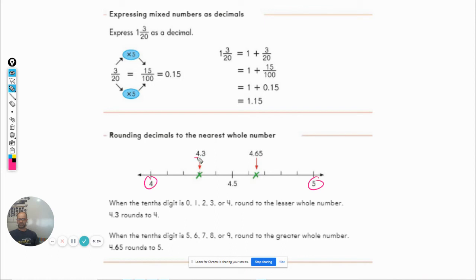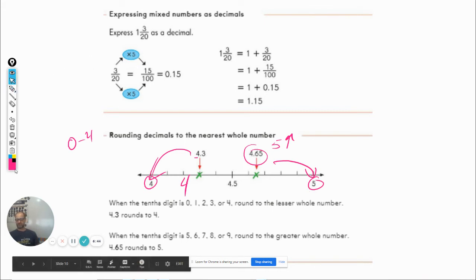So here's my whole number. The digit after is a 3. Anything from 0 to 4, you're going to round to the previous whole number, so that's going to be a 4. Anything that's 5 and up, you're going to round to the next whole number, which is 5. Okay, same concept of rounding you guys have been doing hopefully for a few years already.